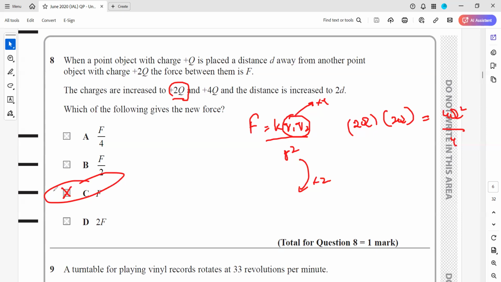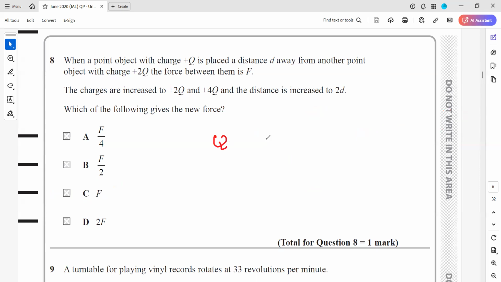Is it clear? Because what we did here, first we had q and 2q, and then we have 2q and 4q. Here the product of the charges was 2, here the product is 2 multiplied by 4, 8.